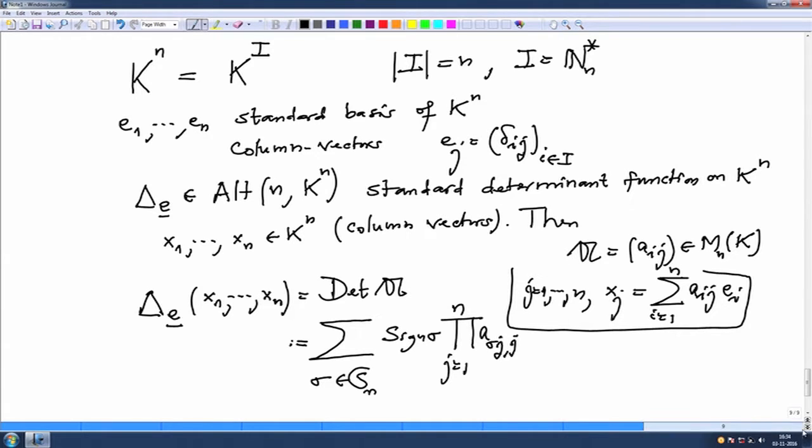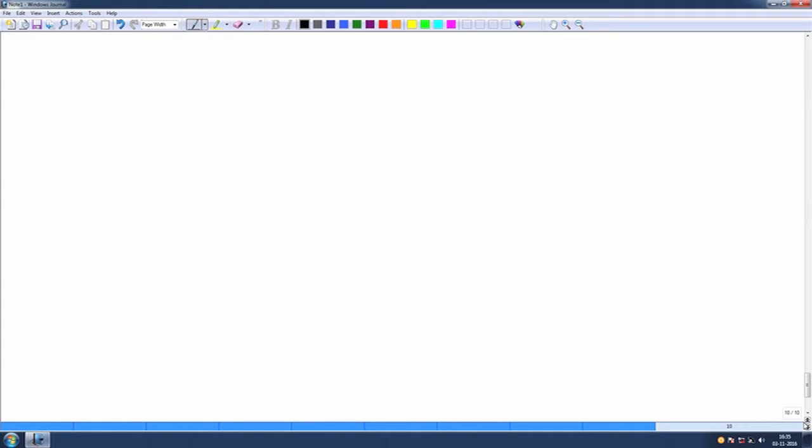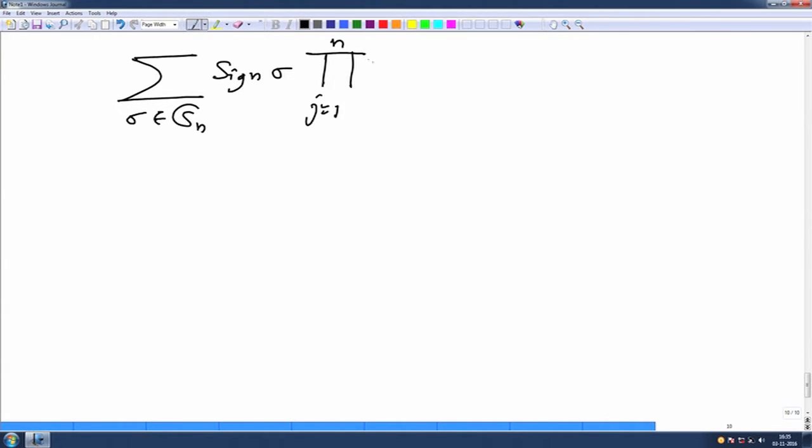And we have also seen that with this definition of the determinant of a matrix, this formula, the sum over σ in Sn, sign σ, product j from 1 to n, A_{σ(j), j}, changes when I write σ inverse instead of σ in the sum.